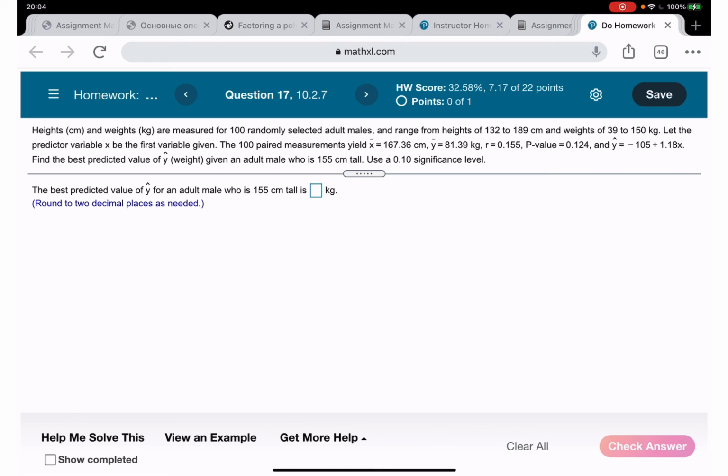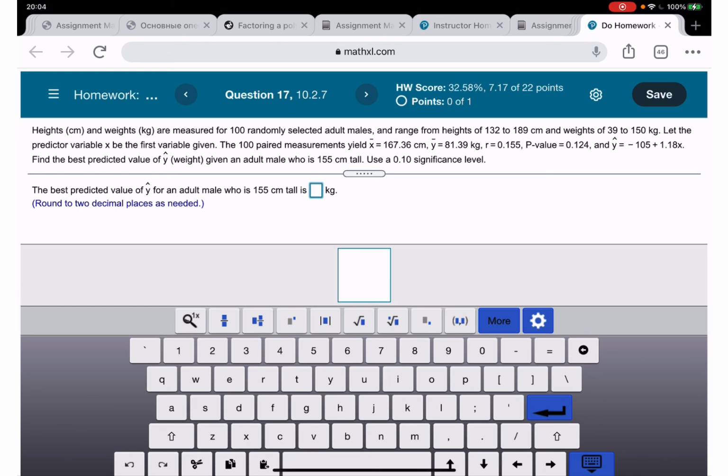So instead of x, we plug in 155. It's going to be negative 105 plus 1.18 times 155. Subtract 105, and we are getting 77.9.